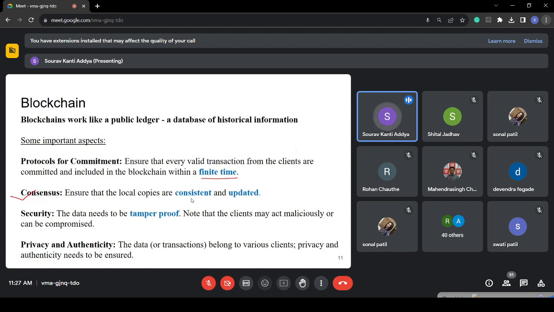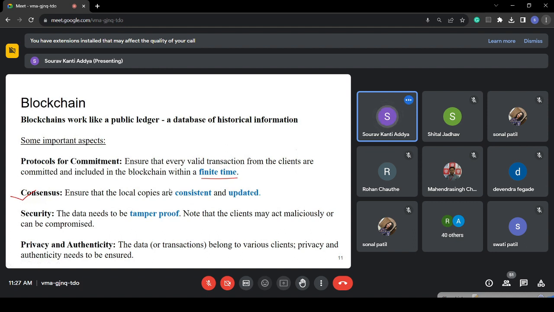Though they are not involved in that particular transaction, they should know what is happening, with the global view of what is happening in other parts of the network. So that is basically your consensus.